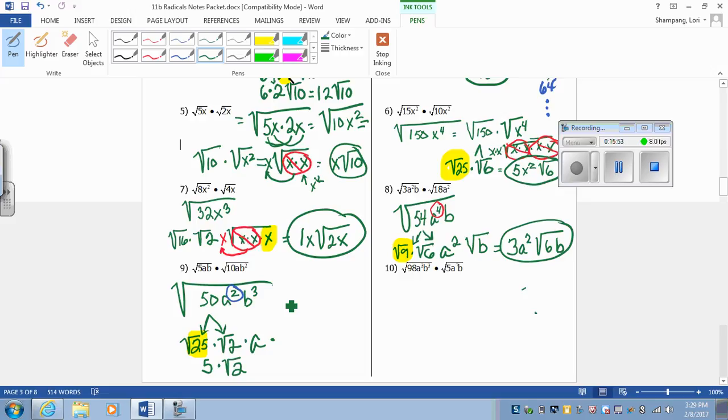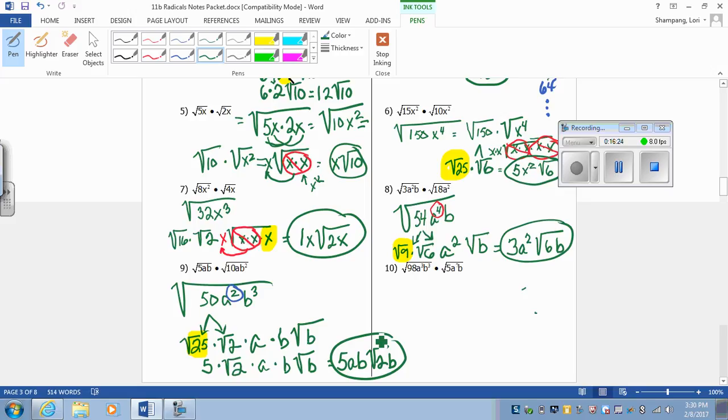With that one pair of b's, I can pull one of those b's out and put it outside of the radical, but that's going to leave me with one b that still resides under the radical. So let's go ahead and write our final answer. Remember, I'm going to go ahead and get all of the values that are not under the radical together first. So that's going to leave me with 5ab times the square root of 2b.